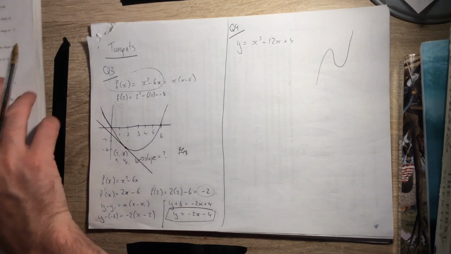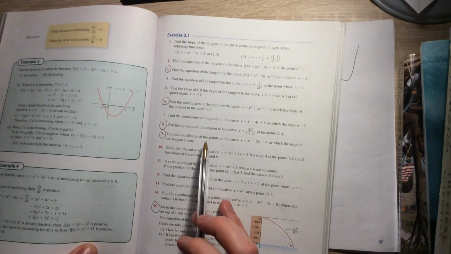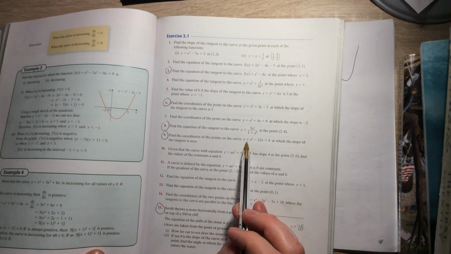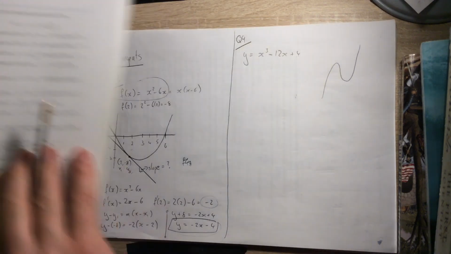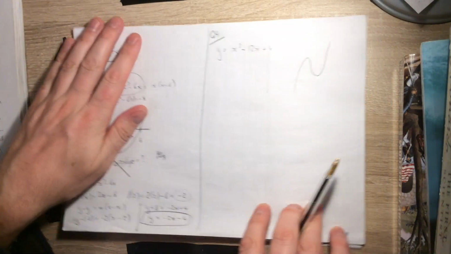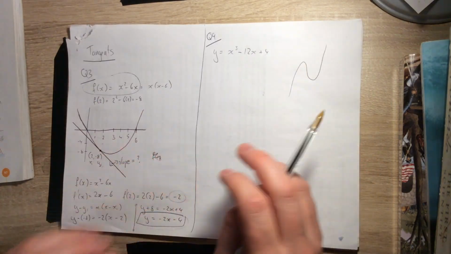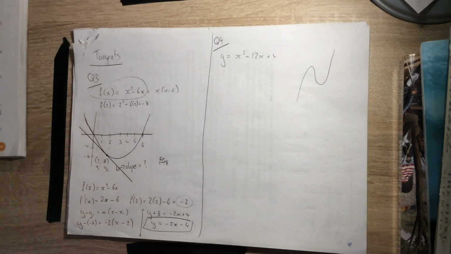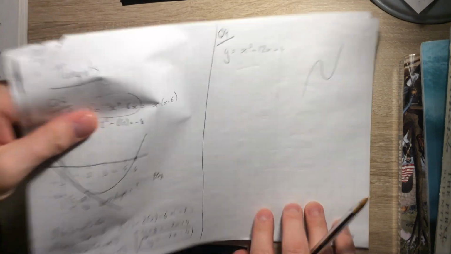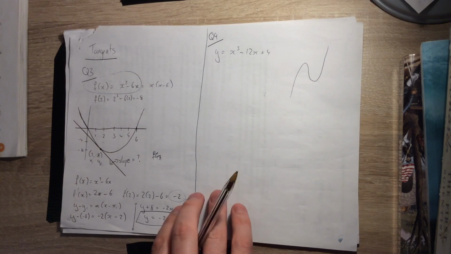Question 9 says, find the coordinates of the points on this cubic curve at which the slope of the tangent is 0. So here's a cubic curve. The tangent on that line, and I'm after losing my ruler, unfortunately, okay.